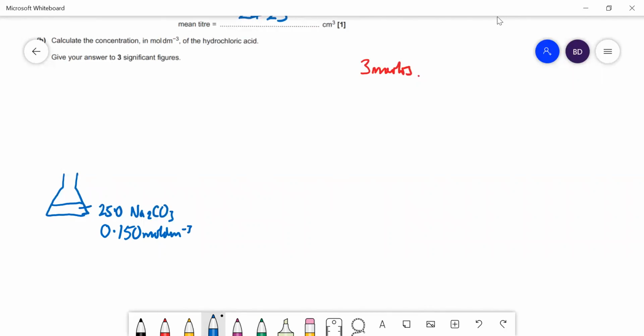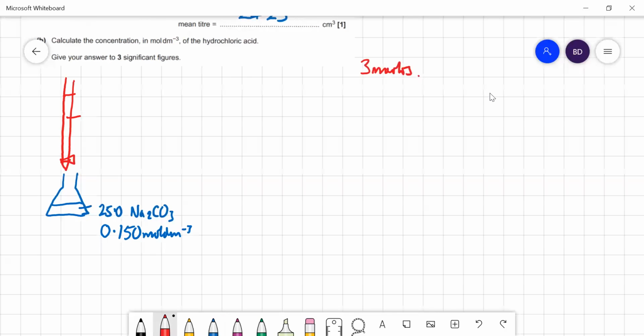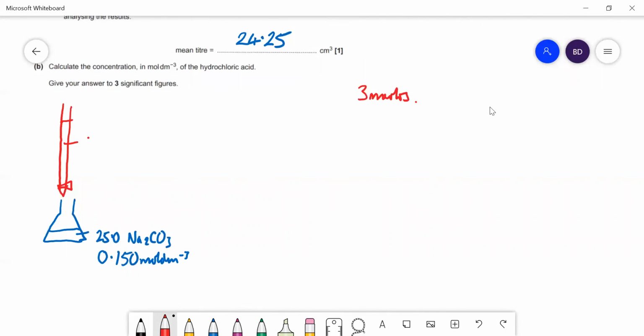We're going to have our hydrochloric acid in the burette, unknown concentration. The average titer we just worked out was 24.25 centimeters cubed. If you look at the equation, we can see it's a 2-to-1 ratio: 2 moles of HCl to 1 mole of sodium carbonate.